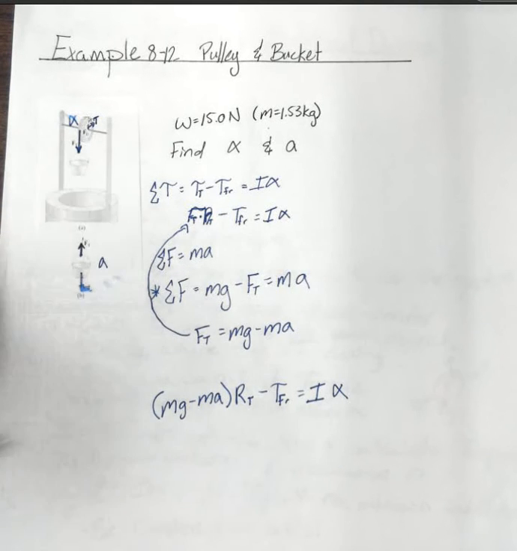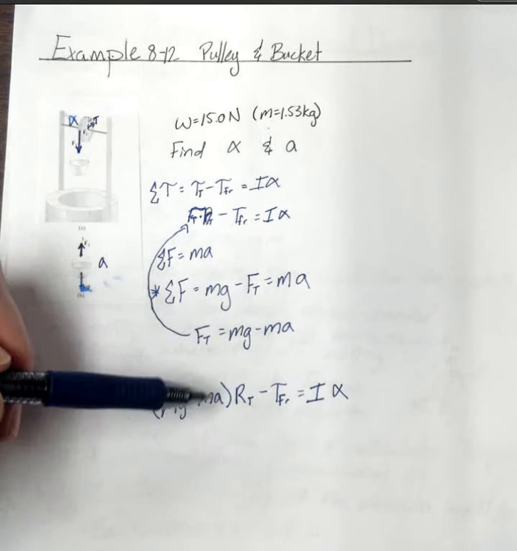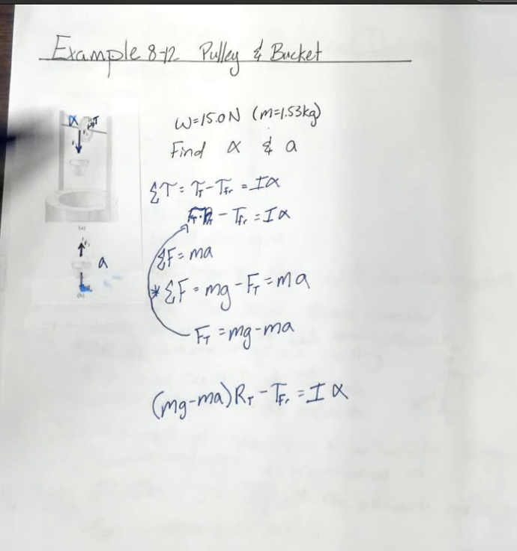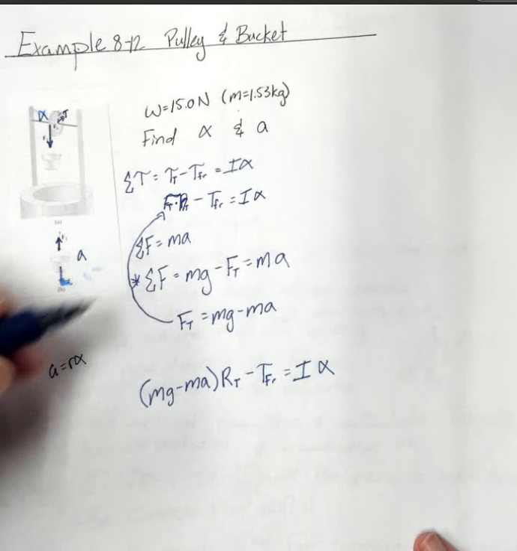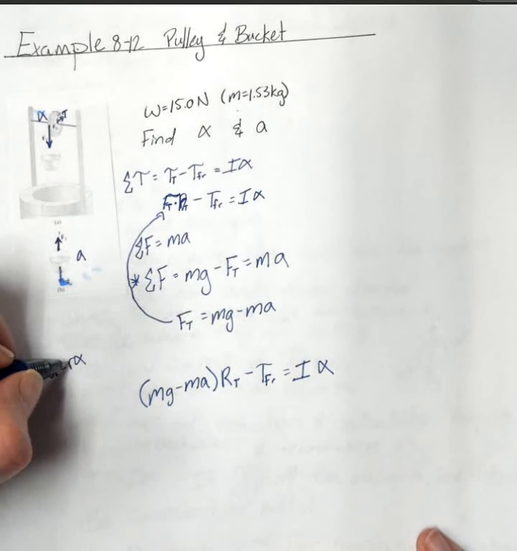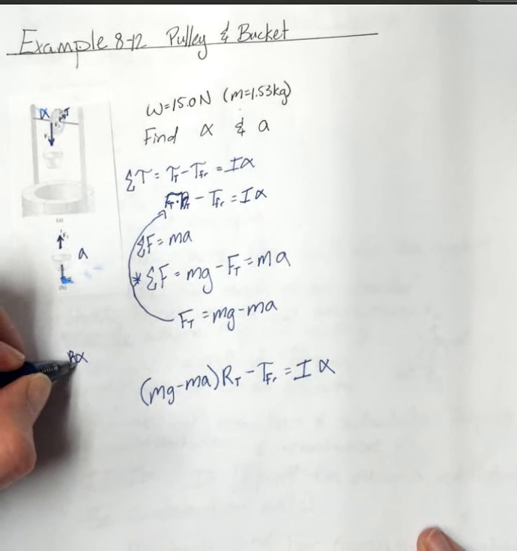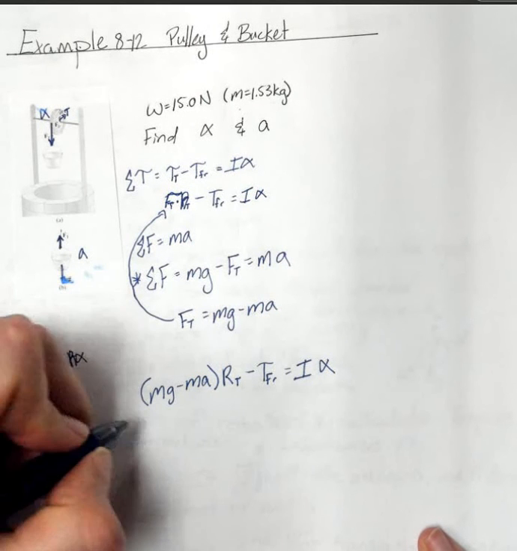One of the things that we know is the relationship between the tangential and the rotational acceleration. This is rolling without slipping, so I know that a equals r alpha, so I'm going to plug that in, and here our radius is the radius of the pulley.